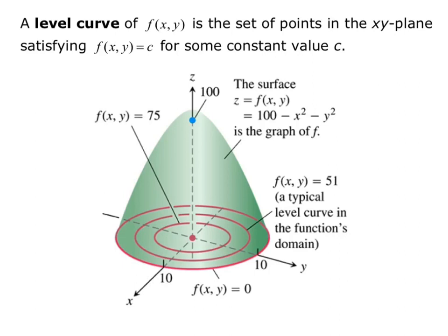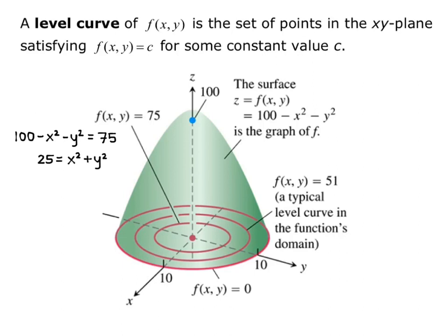This would give the equation 100 minus x squared minus y squared equals 75. We just replaced z with the constant value. Now we get it into a form that we recognize. Let's add the squared variables to both sides and subtract 75 from both sides.